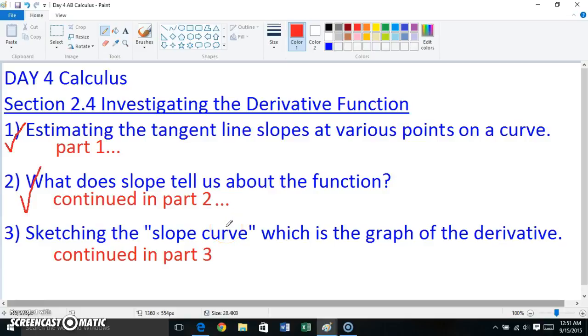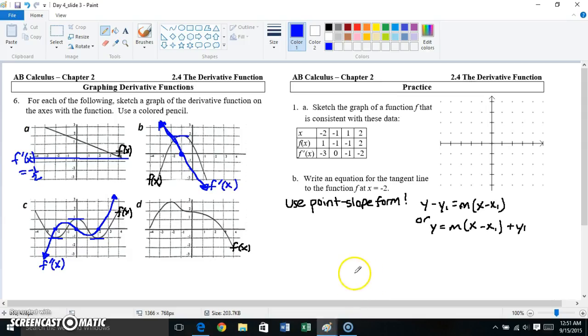Okay, we're going to wrap up section 2.4 with a continuation of sketching our slope curves, our derivative functions. So we were looking at this function f of x in part C, and we had said our slopes are negative, then 0, positive, then 0, negative, then 0, and positive.